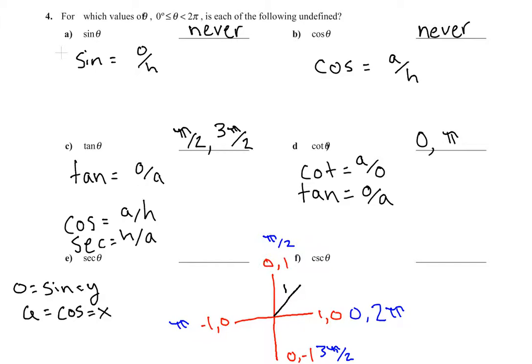On our unit circle, our x is 0 at pi over 2, and it's also 0 again at 3 pi over 2. With secant, our hypotenuse is on the top and it's always 1, and our adjacent at pi over 2 and 3 pi over 2 is 0. So secant is undefined at pi over 2, as well as at 3 pi over 2.